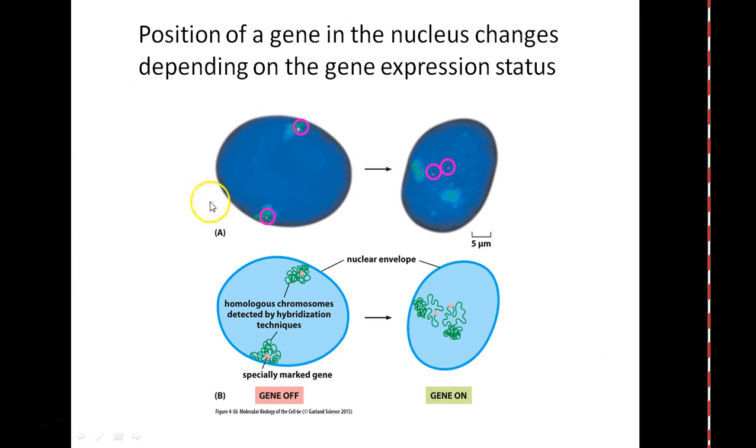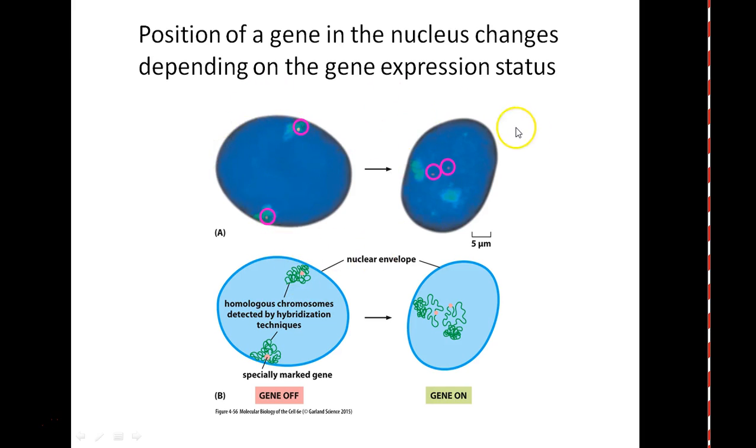And this is another very interesting phenomenon regarding the chromatin when we talk about heterochromatin and euchromatin, and in the context of gene expression. So some genes can change the position in the nucleus depending on their expression status.